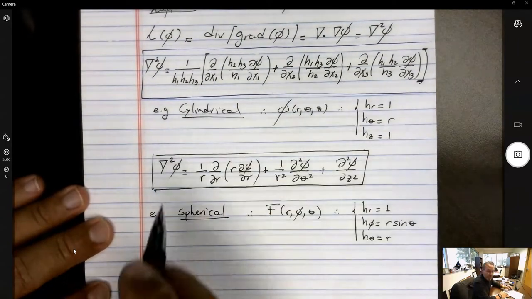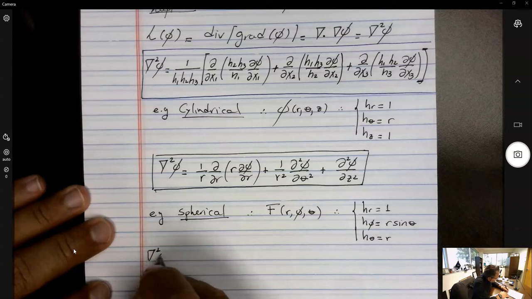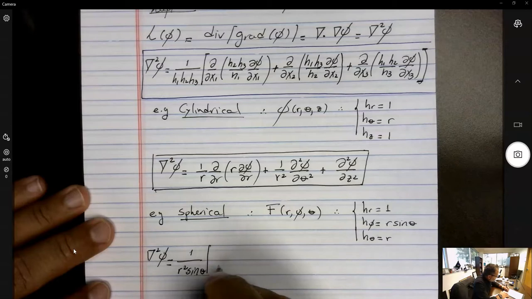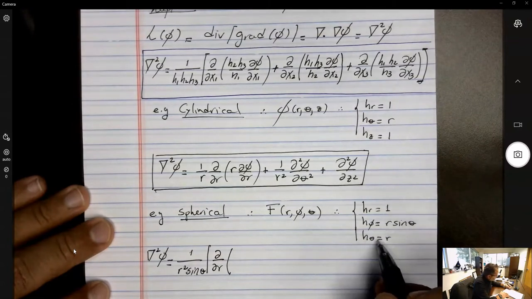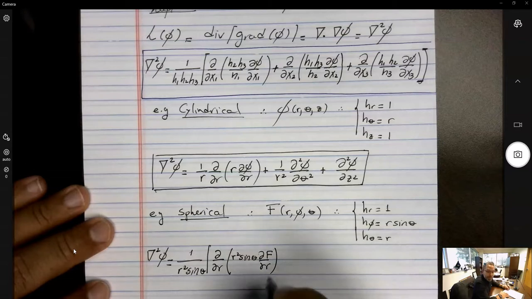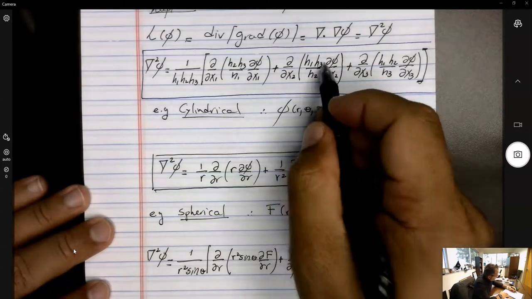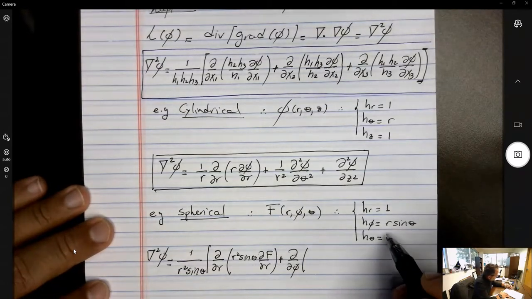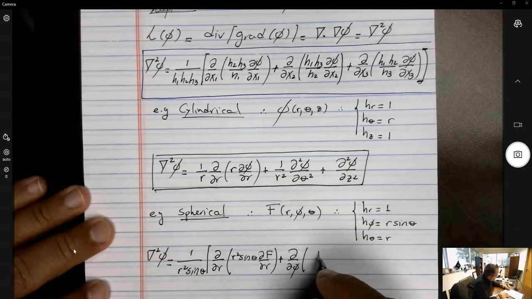So we're going to take this expression here, and I'm going to say the Laplace of phi is equal to 1 over r squared sine of theta, open brackets, dr of h2 h3 divided by h1, that's r squared sine of theta, df dr, plus the derivative with respect to phi of h1 h3 divided by h2, so the r and the r go away, so that would be 1 over the sine of theta, right?